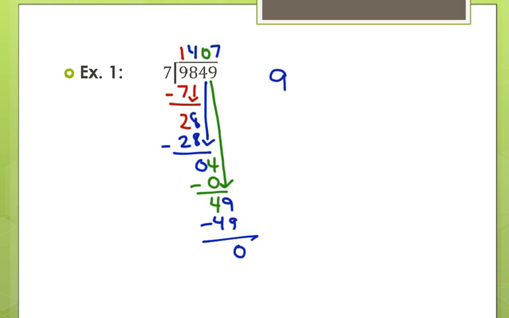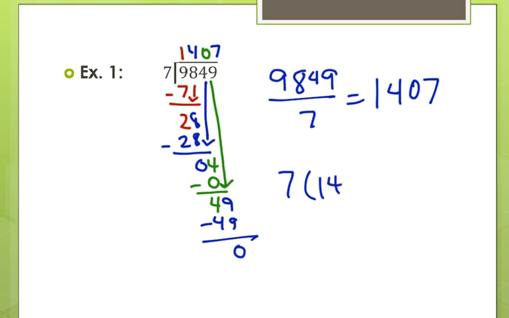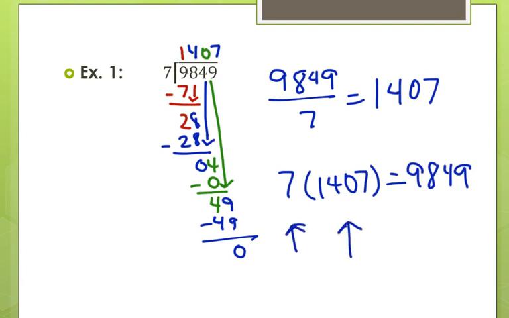That means that 9,849 divided by 7 is exactly equal to 1,407. It also means that 7 times 1,407 is equal to 9,849. So 7 and 1,407 are both factors of 9,849.